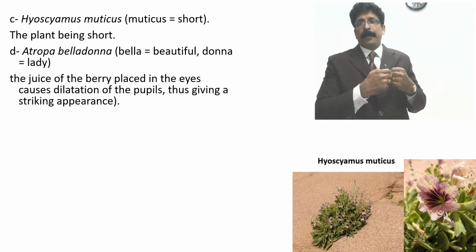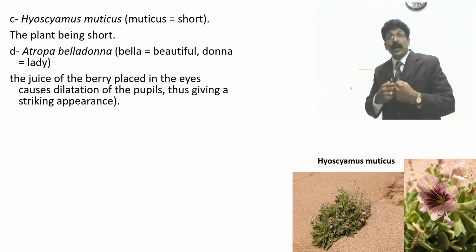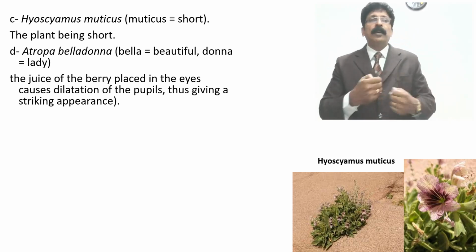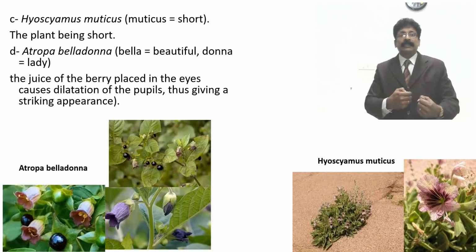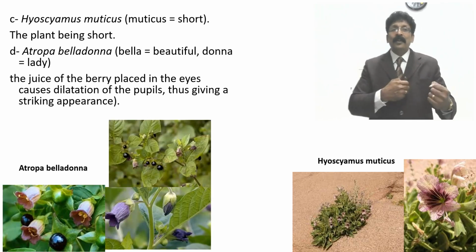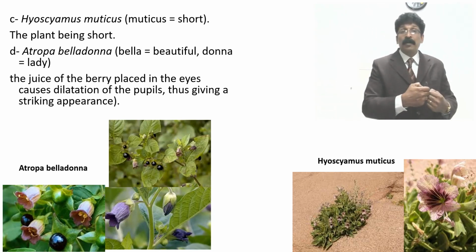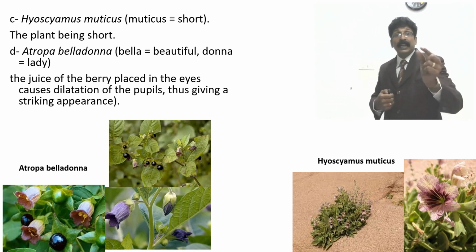So bella stands for beautiful, donna stands for lady. That's how we interpret the names given by the characteristic. See the plant, the beautiful flower in violet to purple color, and the berry.